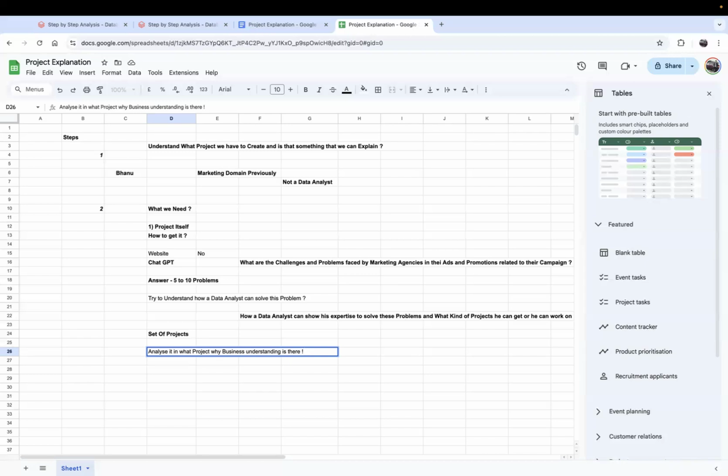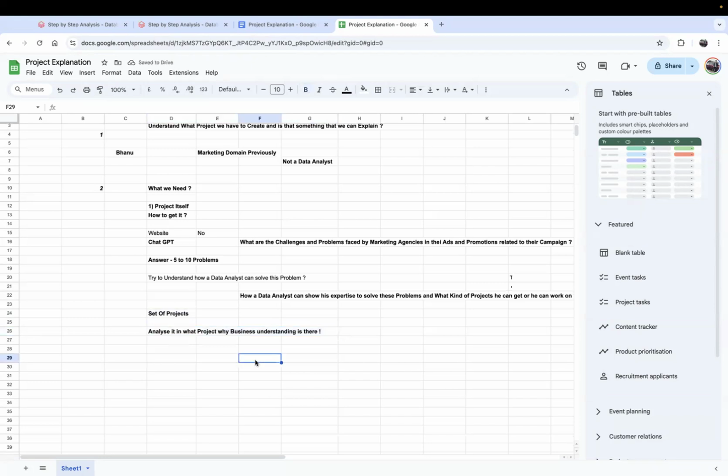If I'm taking an edtech company example, these are the kinds of projects or problems I can get. But when I get projects from ChatGPT, I have to understand which project is for me, the one where my business understanding is there.